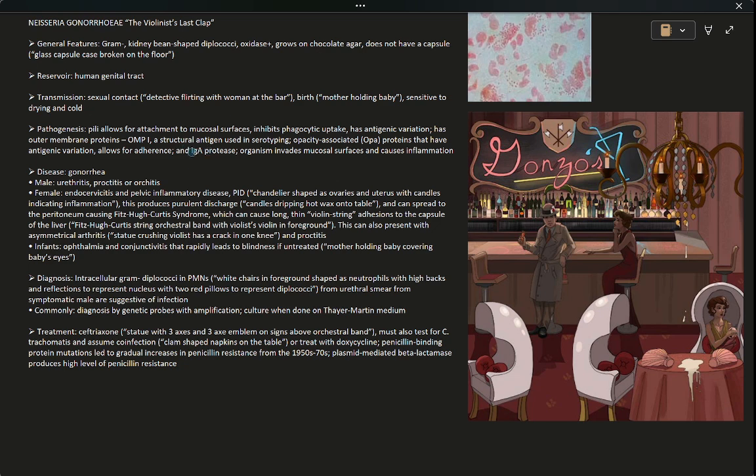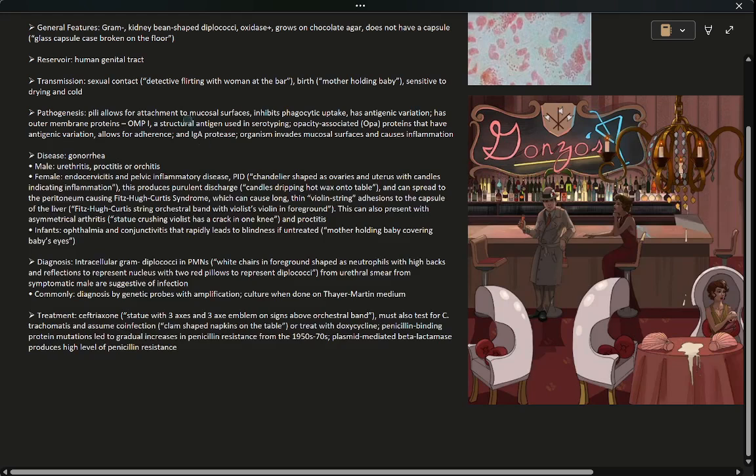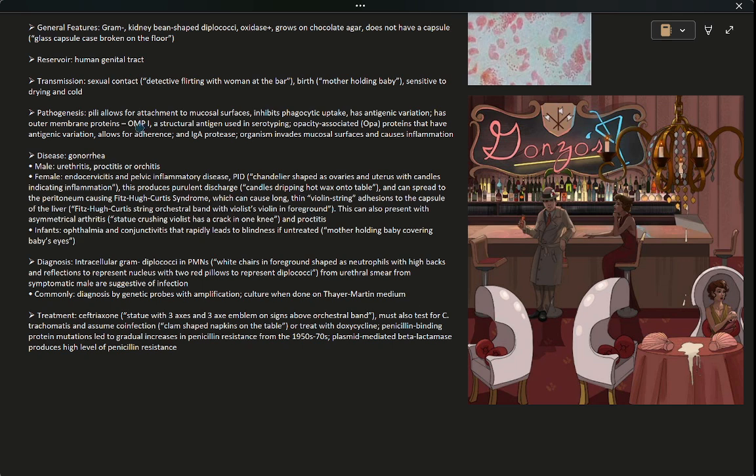And then, of course, the bacteria has the immunoglobulin A protease, and this will ultimately allow the Neisseria gonorrhoeae to invade mucosal surfaces and cause inflammation. So remember these key structures of the bacteria: the pili, the outer membrane protein 1, and the opacity-associated proteins, along with the IgA protease.